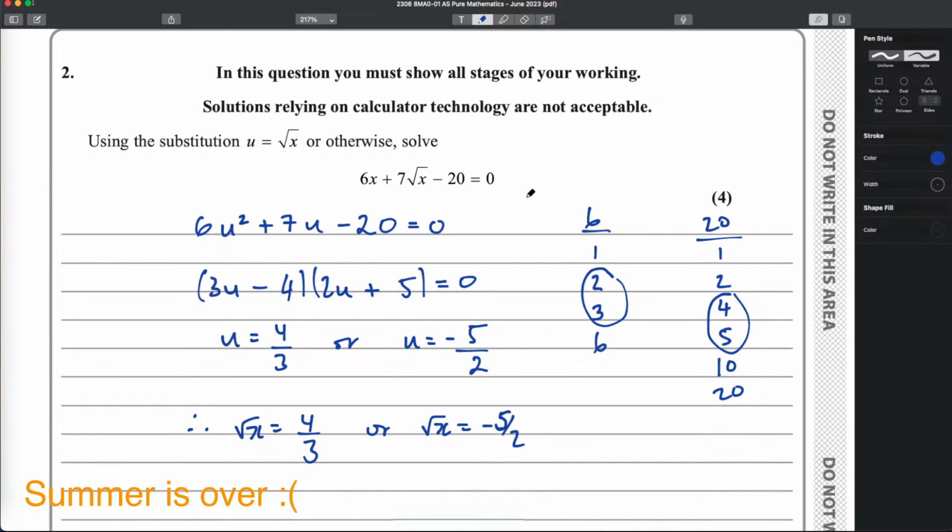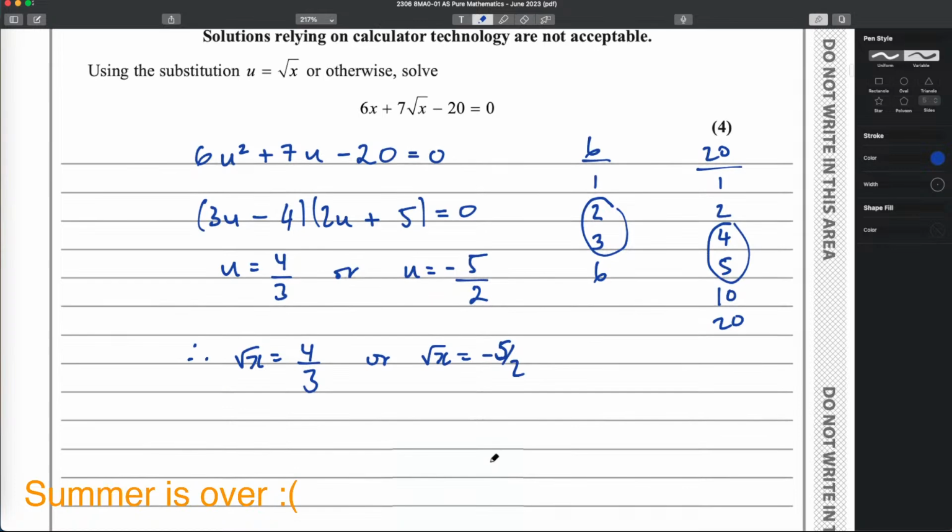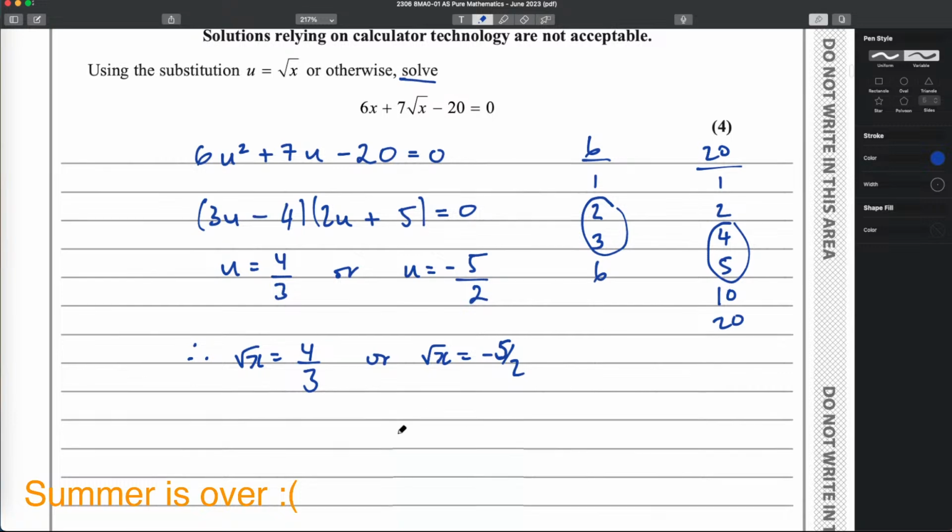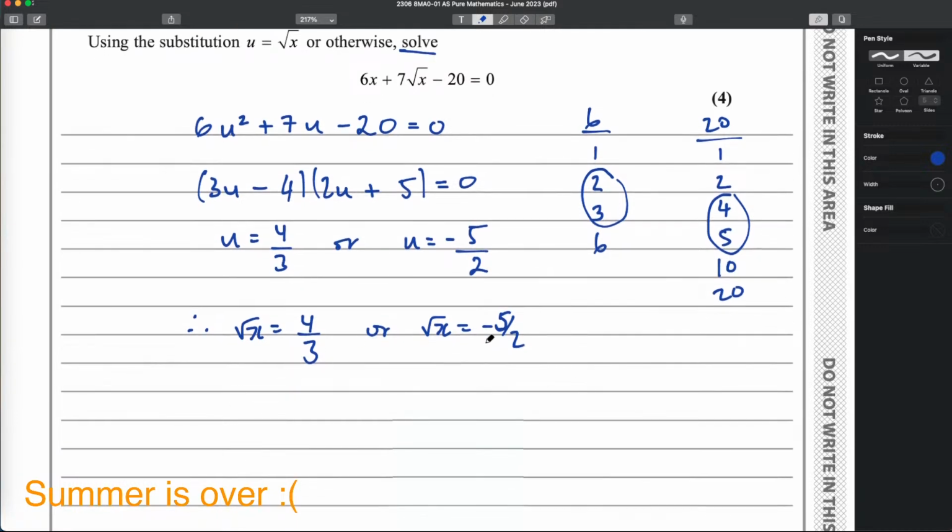I guess they don't have to specify that in an AS pure mathematics paper, but this does have a solution, and it says solve, but anyways, let's just say we can ignore this.